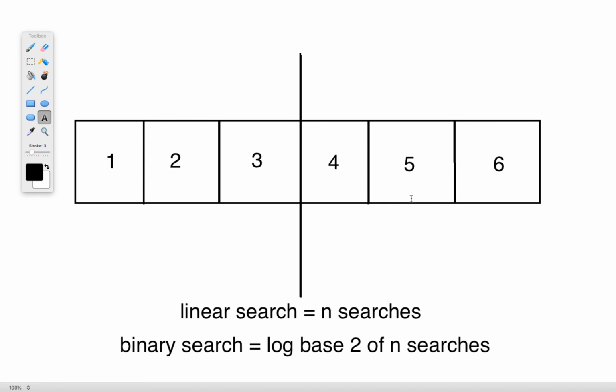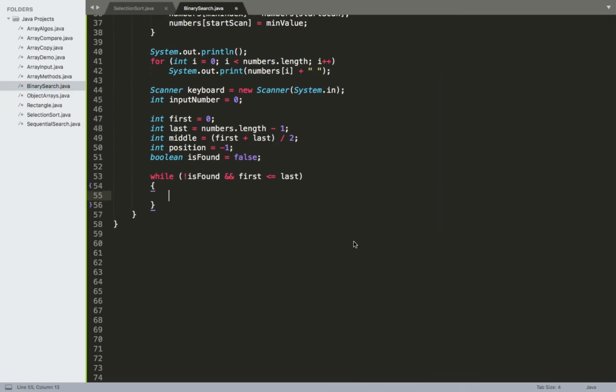So we'd narrow this down again. It would become positions 4 and 5. It wouldn't be there. We try this again, and at that point they'll cross with each other. And as soon as they cross, where first becomes greater than last, where they overlap each other, that's the point at which we know that the item is not in the array.